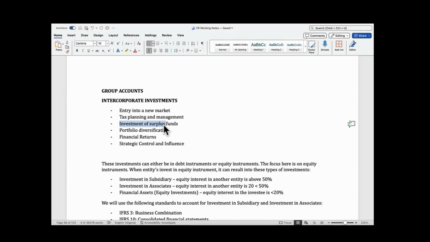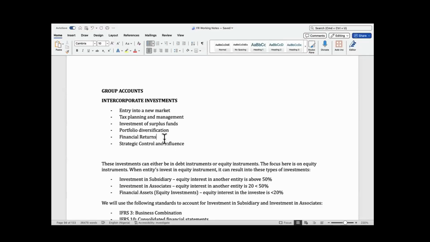Others is for portfolio diversification. They want to have a balanced portfolio so that they can decrease their alpha or beta risk, decrease their exposures to a very reduced level. Some is just for financial returns. They want to get interest, they want to get dividends periodically, so they invest for that purpose.